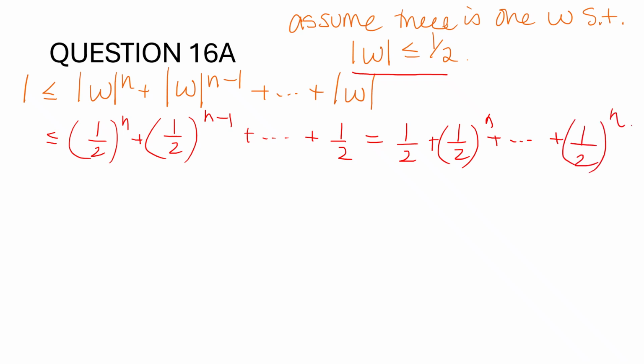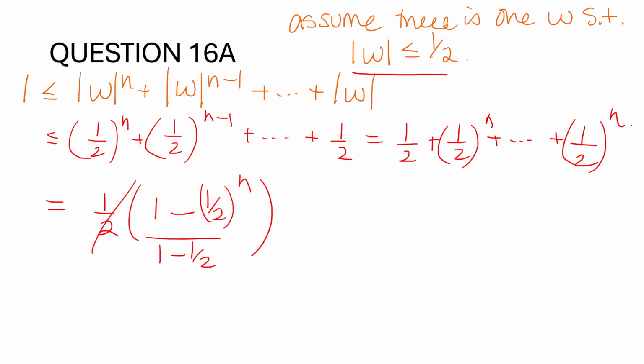Okay, which is equal to, using the sum of a GP, a half times 1 take away the common ratio, a half, to the power of n, over 1 minus a half. That's a half divided by a half, so that equals 1 take away 1 on 2 to the power of n.